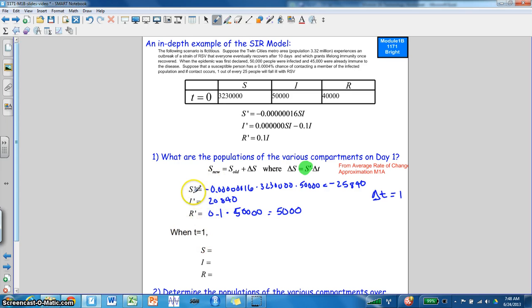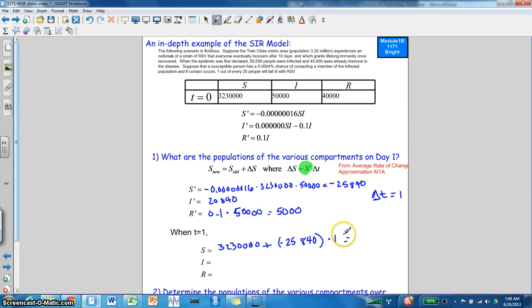Okay, so in total we now know our instantaneous rates of change, and now I can determine S by doing the old, 3,230,000, plus the rate for S, so minus 25,840, times delta t, and delta t is just 1.